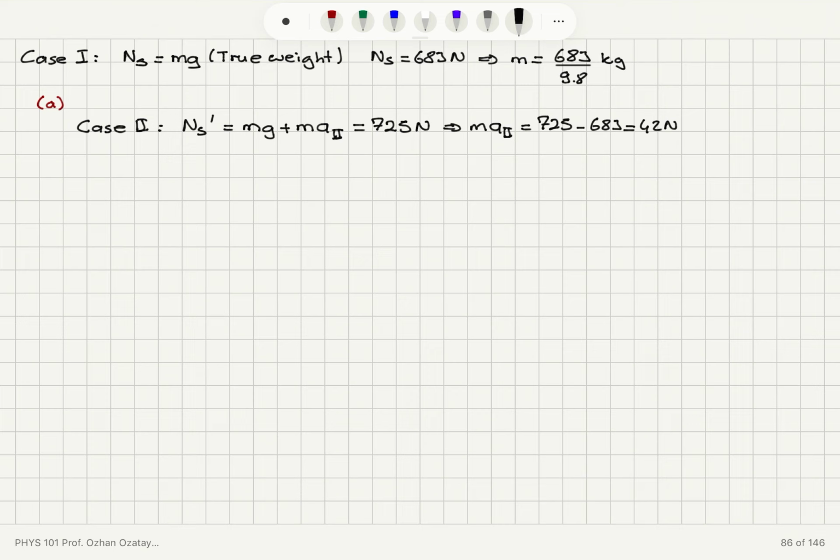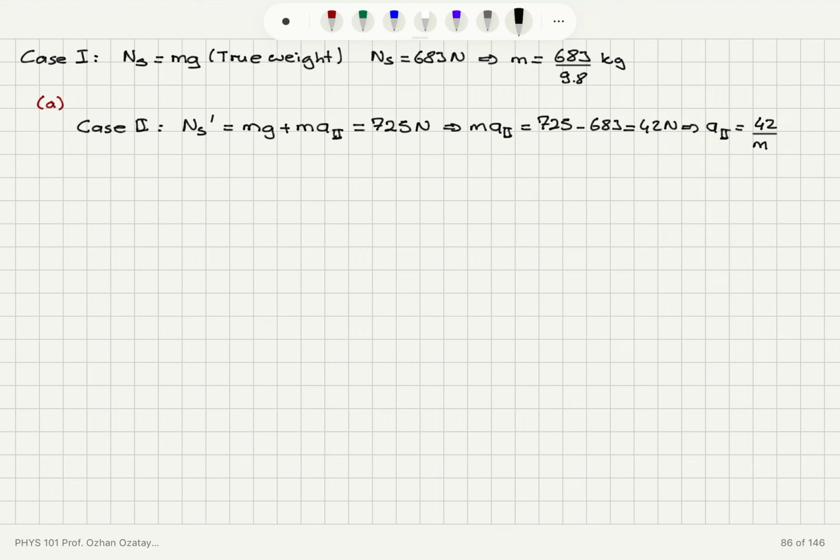So this will give me an acceleration in the second case equal to 42 newtons divided by the mass m.